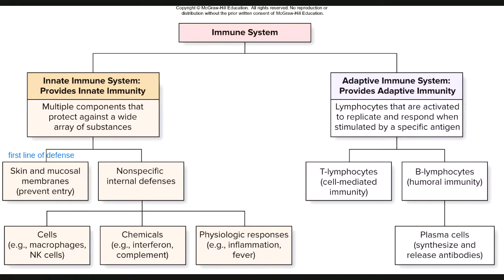This is still non-specific. It works against any type of bacteria or any type of virus. Now, granted, some immune cells prefer to fight bacteria, some prefer to fight viruses, some prefer to kill things. But the key point here is that it doesn't matter if you are a flu virus or whatever virus. It's going to work against that virus.